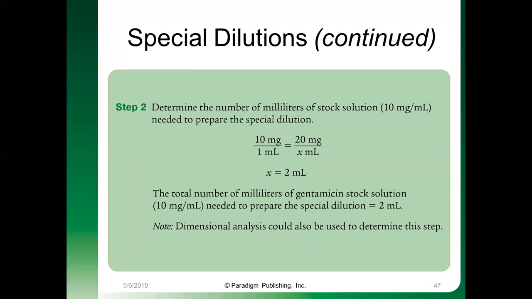Cross multiply, 10 times X is equal to 20 times 1. Divided by 10, we get 2 mLs. So the volume of gentamicin stock solution of the 10 milligrams per 1 mL concentration needed is 2 mLs.